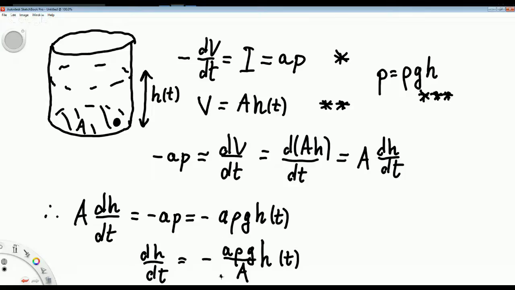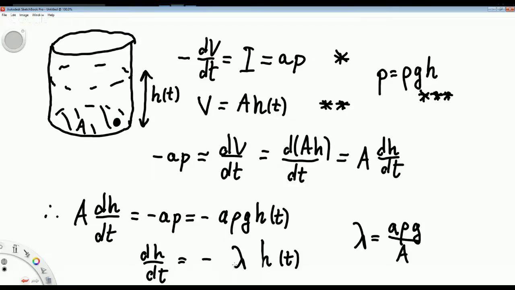Let me put this in brackets, and let me call the quantity in brackets lambda. So lambda is A rho g over A. All I've ended up with is an equation of this form: dH by dt equals minus lambda h of t, where lambda is a constant. This is exactly the kind of equation we met at the workshop.